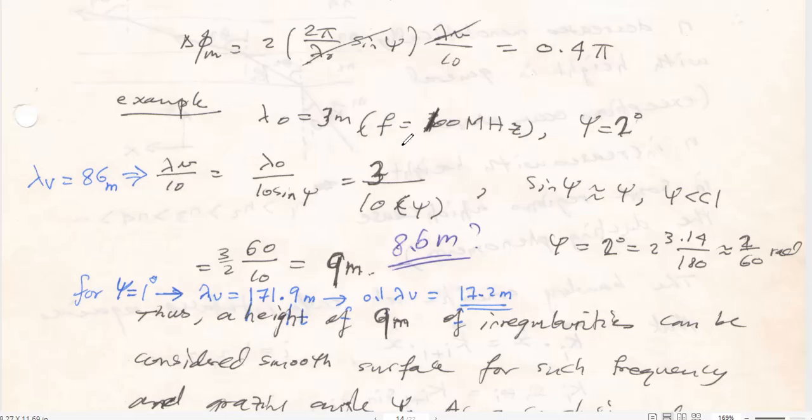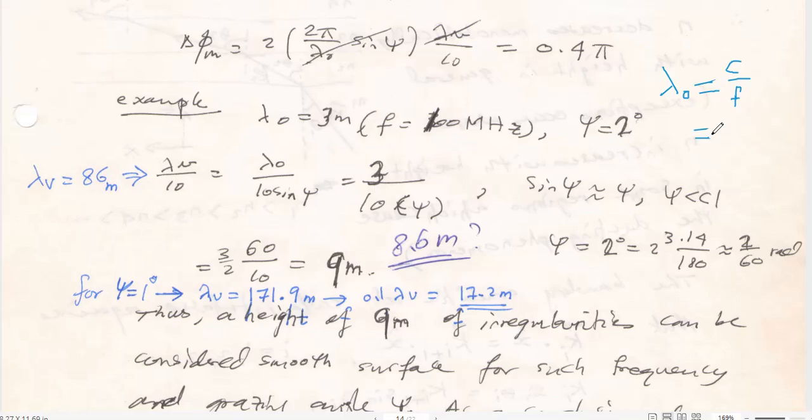The frequency is 100 megahertz and the wavelength is 3 meters, because lambda naught is equal to the velocity in free space, c, the speed of light, over the frequency.